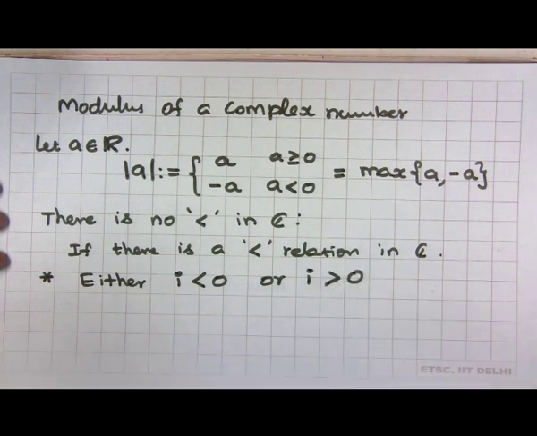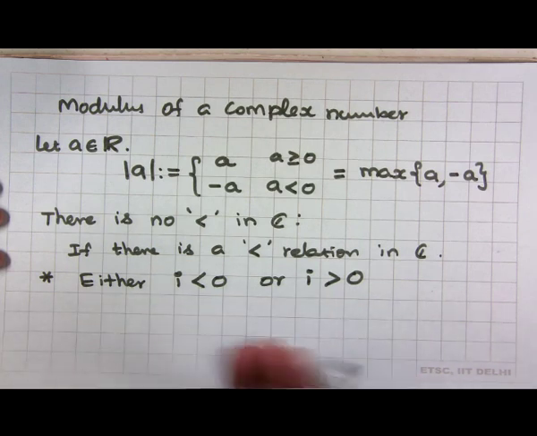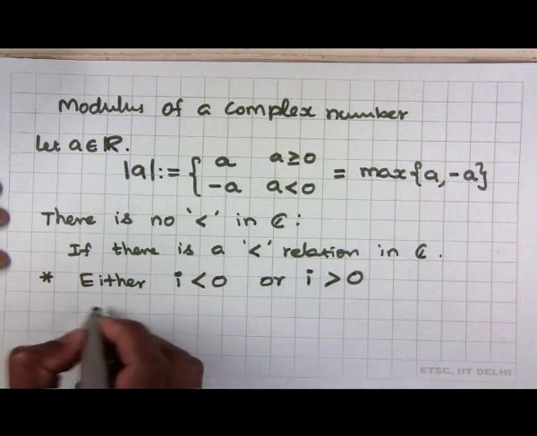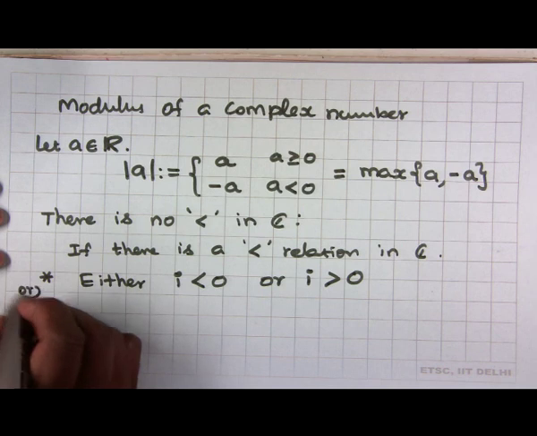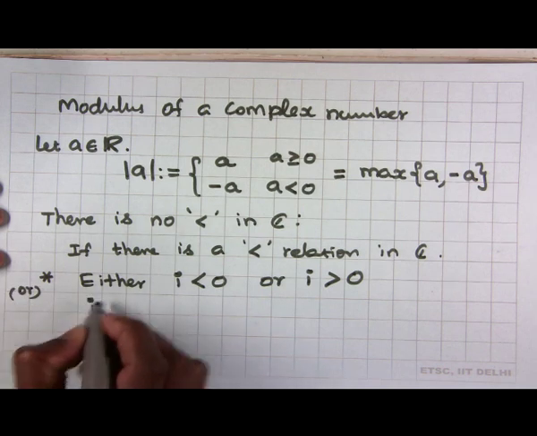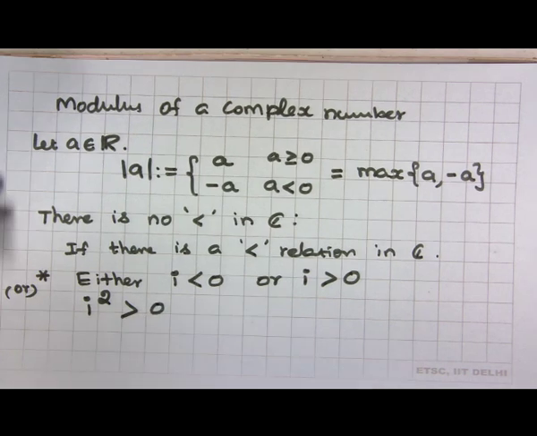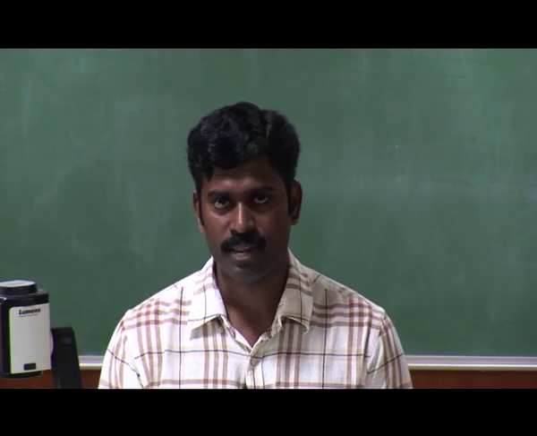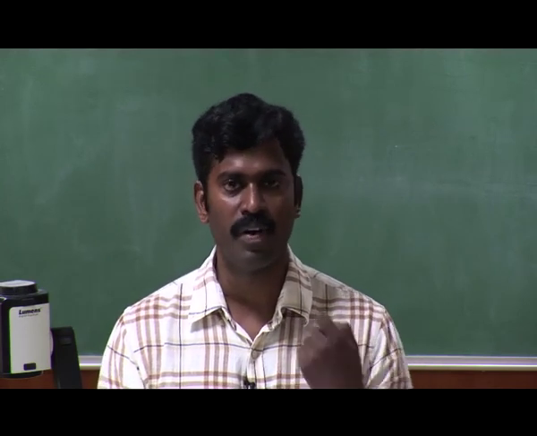Okay. So, once we have this, of course, we need not consider this particular relation directly; we could start with either this, or actually we could directly say that i square must be greater than 0. The reason is, whenever you have an order relation, we can show that a number multiplied by itself will be non negative.